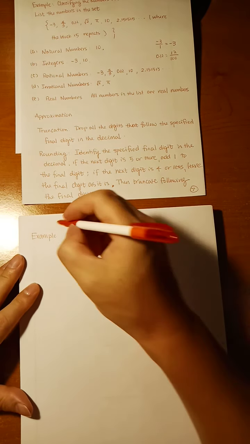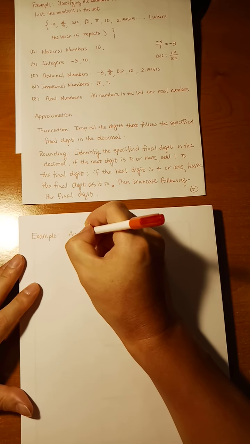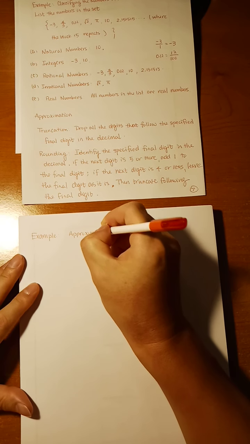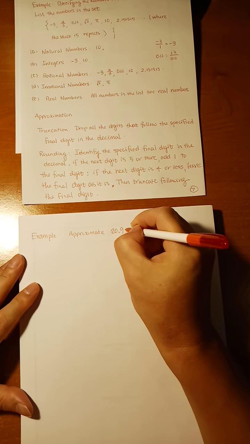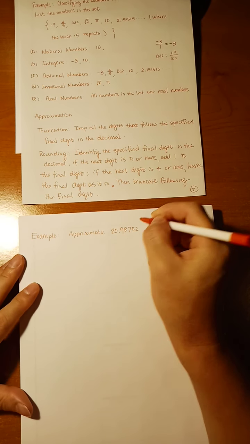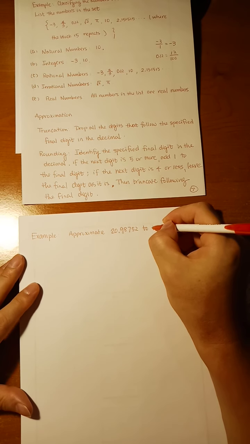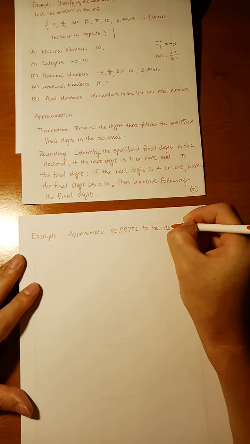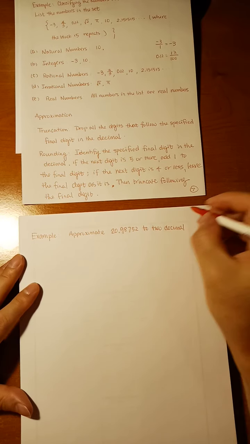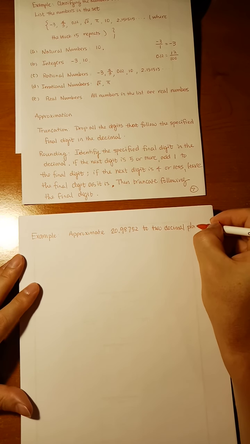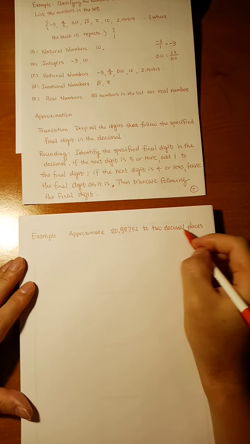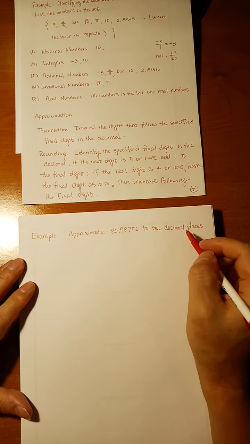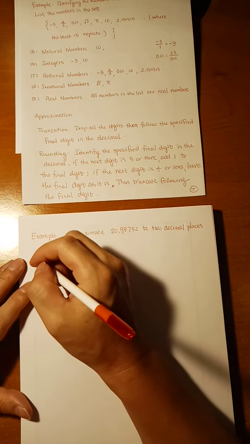So example: approximate 20.98752 to 2 decimal places. Okay, so we are going to approximate to the specified digits, 2 decimal places.